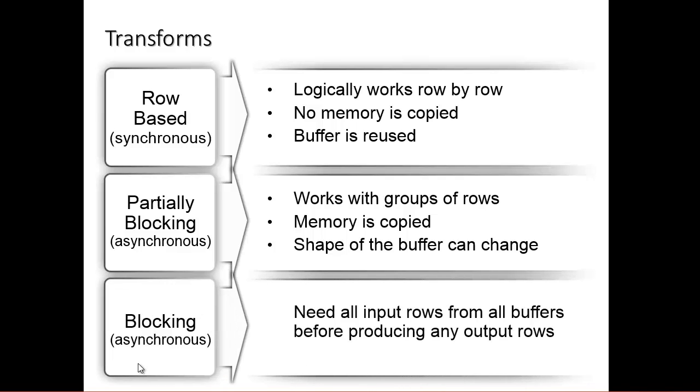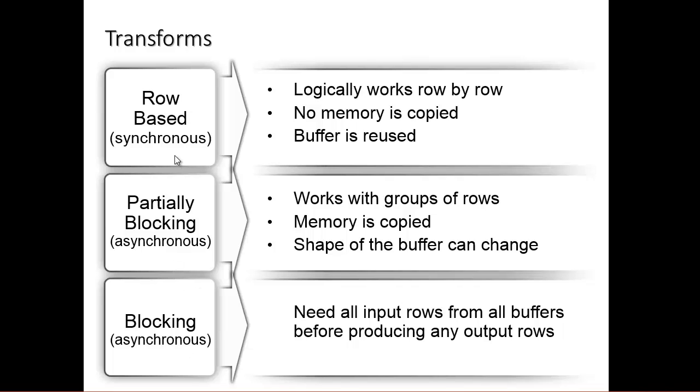The fully blocking asynchronous components require all the buffers, or in other words, all the input rows from the source, to be spooled into memory in that transform and then operated on. So, synchronous and asynchronous.